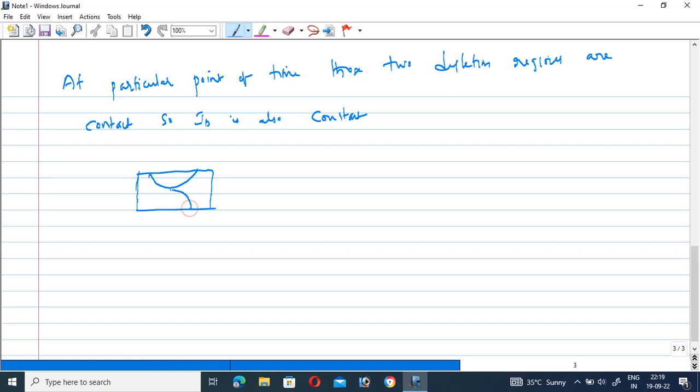contact each other. As well as, the shape of the depletion region is also very important.